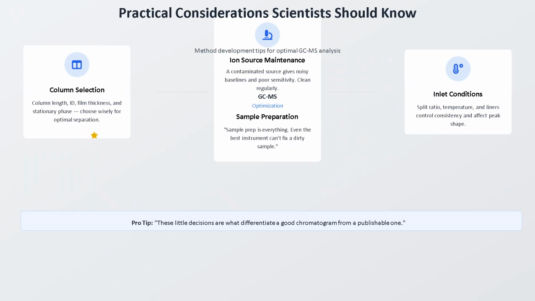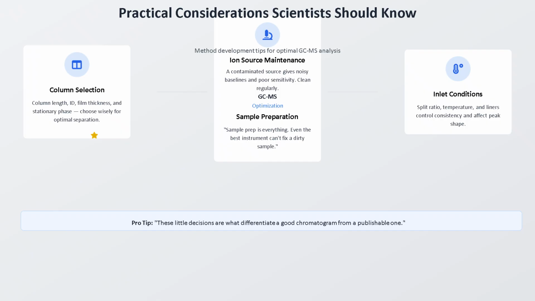Behind every great GC-MS result is thoughtful method development. Sample preparation is everything, because even the best instrument can't fix a contaminated or poorly prepared sample. Choosing the right column is crucial. Length, inner diameter, film thickness, and stationary phase all influence separation.